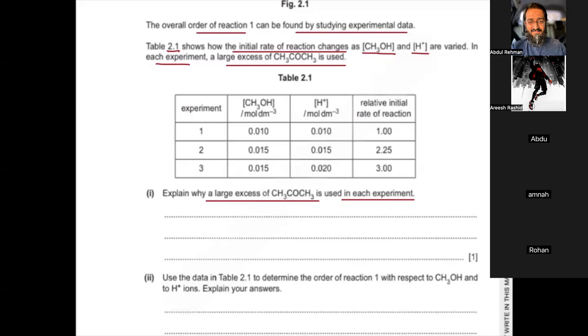So as a result, its order becomes 0. So there is negligible change in concentration of CH3COCH3.